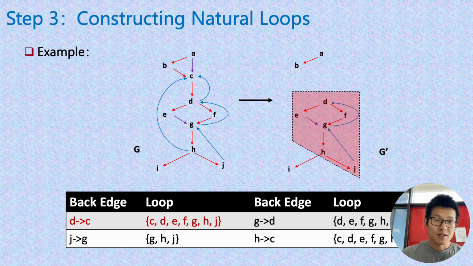So the nodes in the shadow plus the head node C form the loop, which is C, D, E, F, G, H, and J. And similarly, the loops of the other back edges can be constructed similarly.